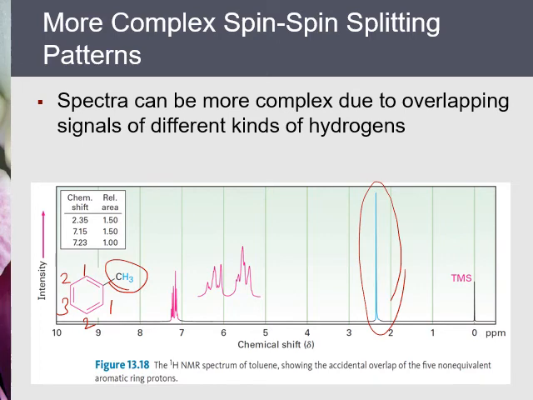But the proton NMR seems to have 2 multiplets, and this is due to the complex spin-splitting of these hydrogens forming overlapping signals.